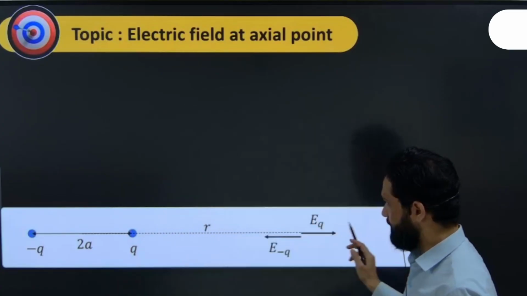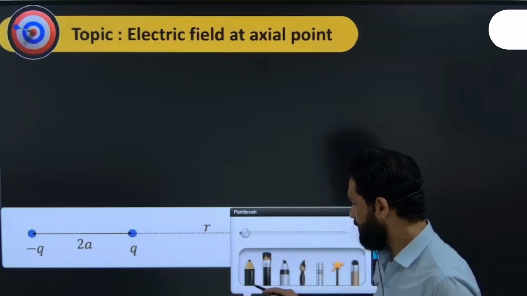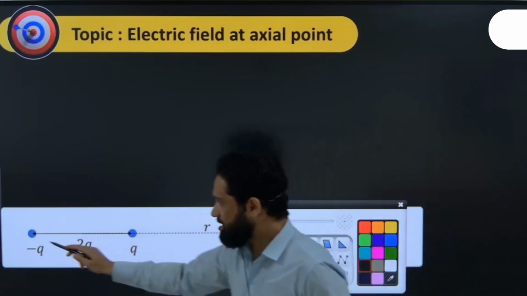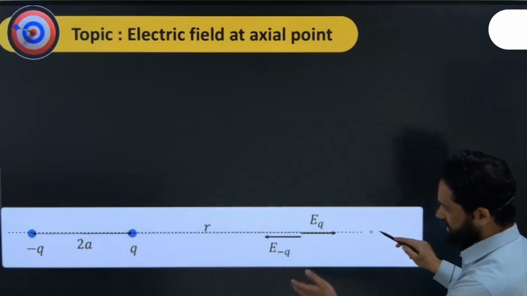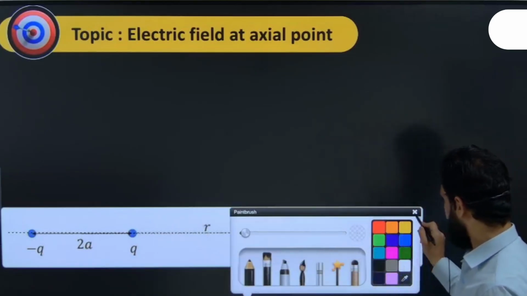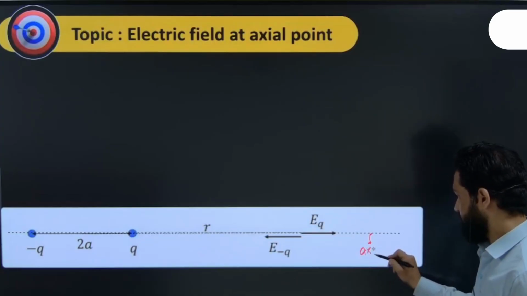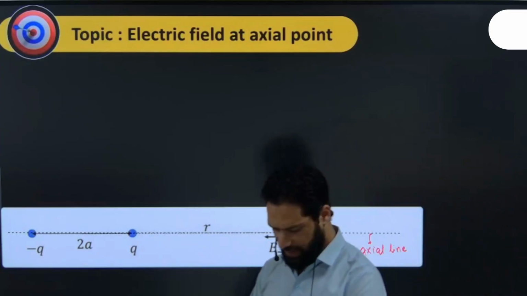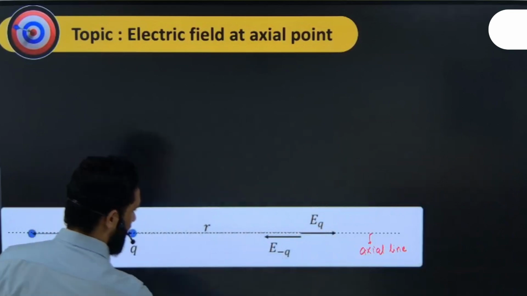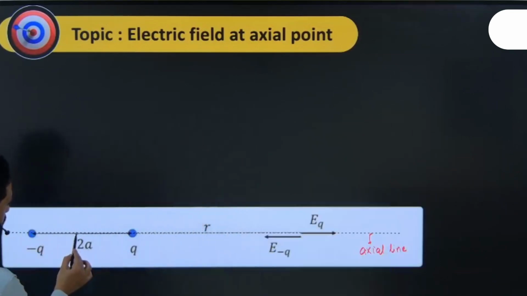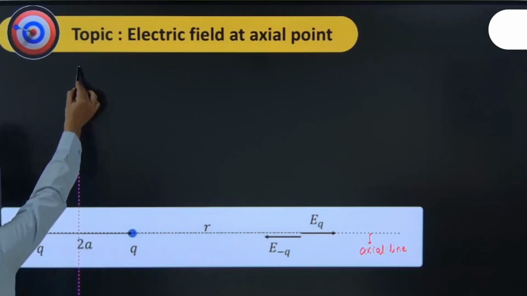Let's say for a particular dipole, we first choose the axes. The line which is passing through the two charges, as you can see, is called the axial line. Now there can also be one more line, the perpendicular bisector, which is at 90 degrees to it.